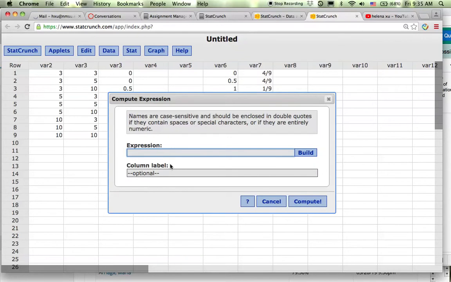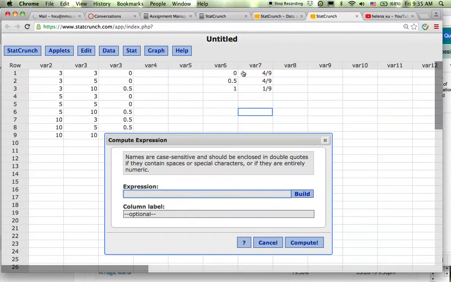The expression should be, say, the first row, 0 times 4 ninths, plus 0.5 times 4 ninths. And for the third row, 1 times 1 ninth.